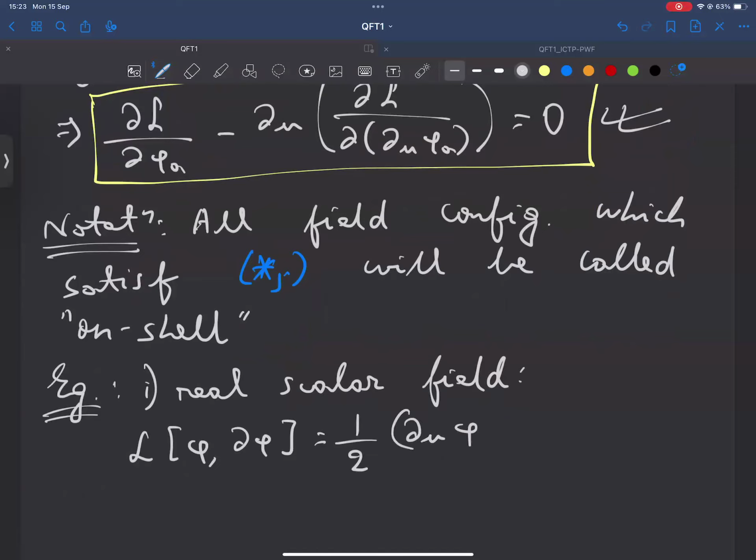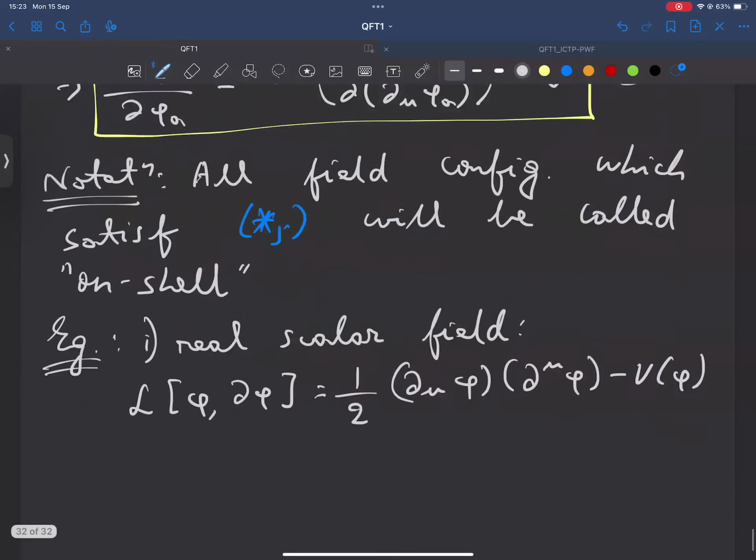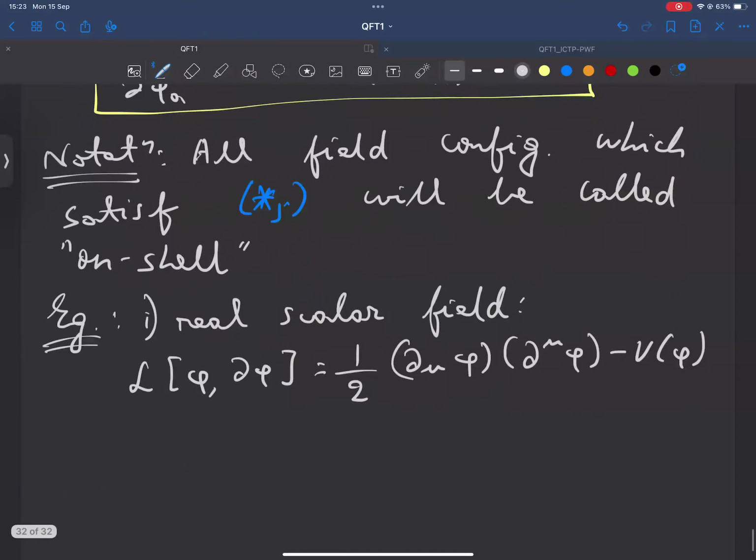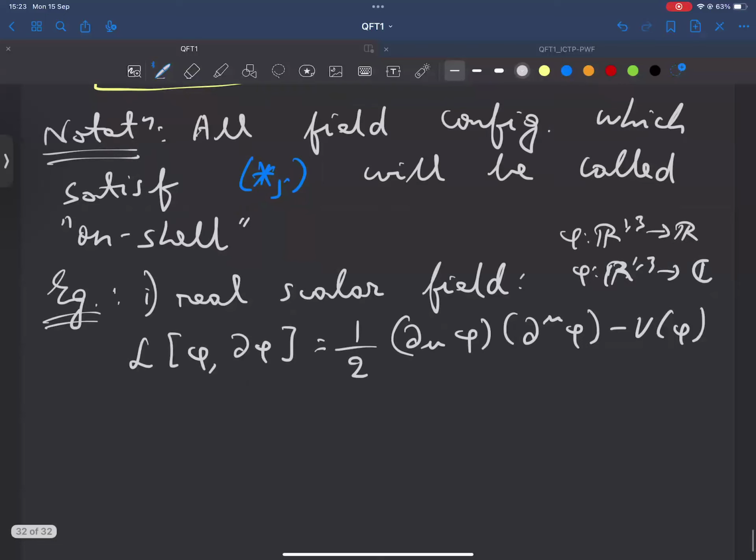We already saw it actually when we were discussing locality, minus some potential V(φ). So φ is a real scalar field. Real, so scalar you already know, and real means it's a function from space-time to real numbers. Later we will see complex scalar fields, which will be a function from space-time to the complex numbers. Okay, so that's what real means.